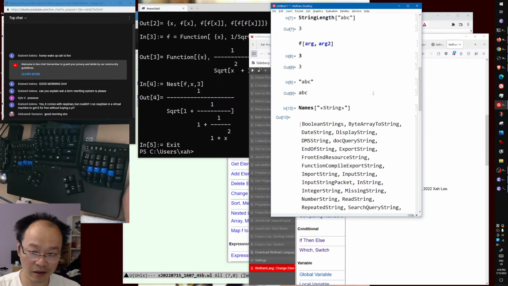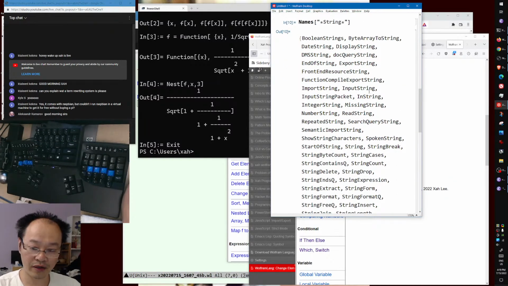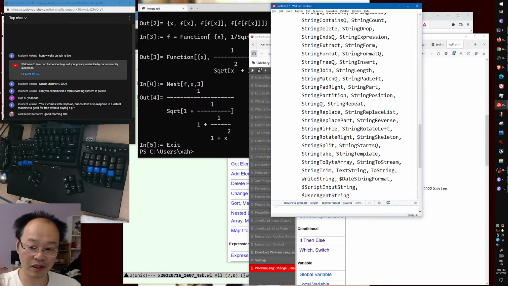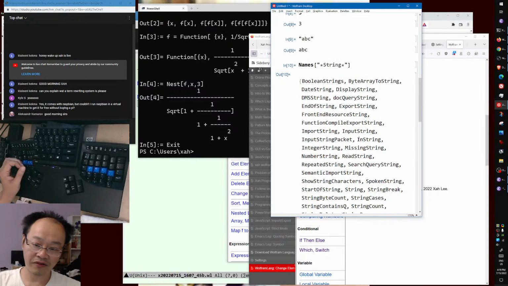This is important because everything you want to do with a string is by calling a function, and that function will contain the word string. So all you have to do is find which function you need, including regular expressions and pattern matching for strings. This applies to the whole language.